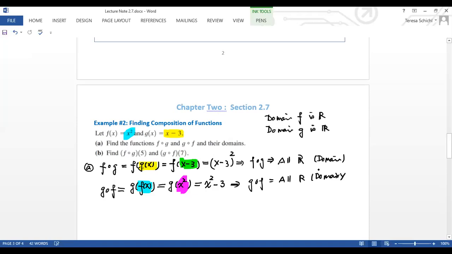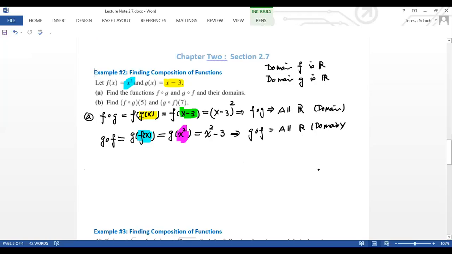Now let's take a look at part B. Part B is F composed of G at pi. Remember, this means F of G of pi. So G is computed first.